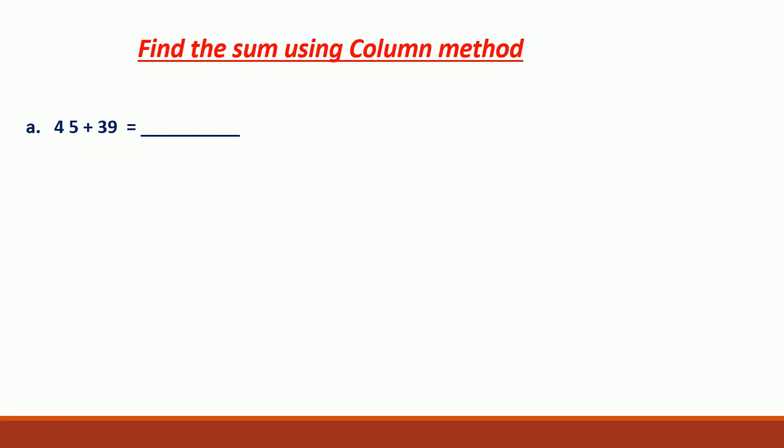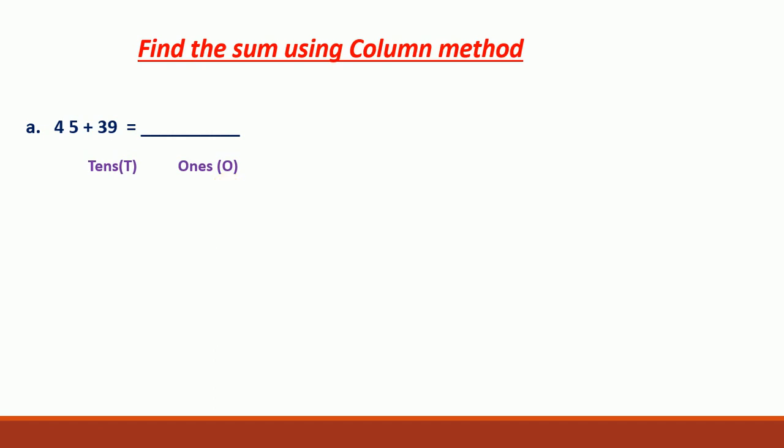The number 45, it has tens and ones in it. And the number 39 also has tens and ones in it. Okay, let us write the place values first, tens and ones. The tens we can also write with the letter T. The ones can also be written with the letter O. Okay.